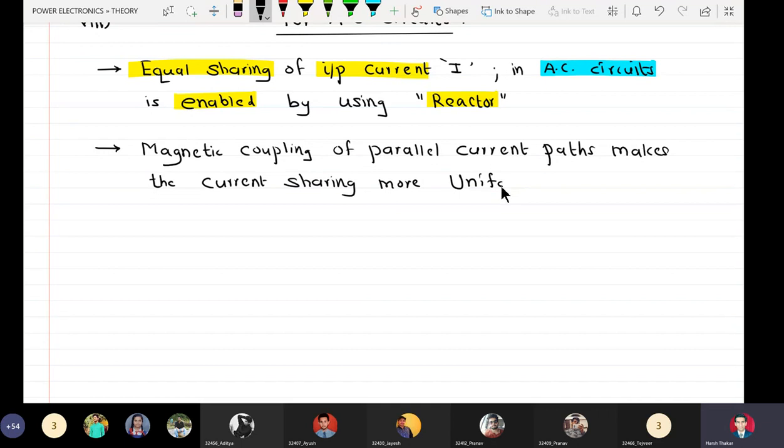Okay. Say magnetic coupling of parallel current paths makes the current sharing more uniform or equal.